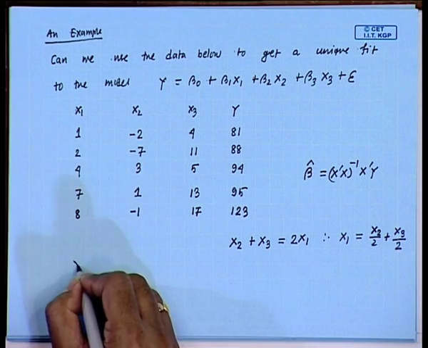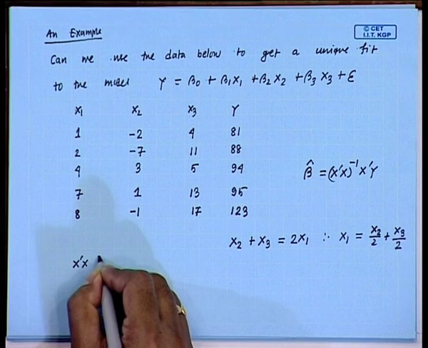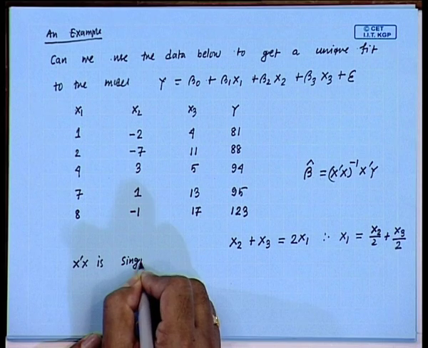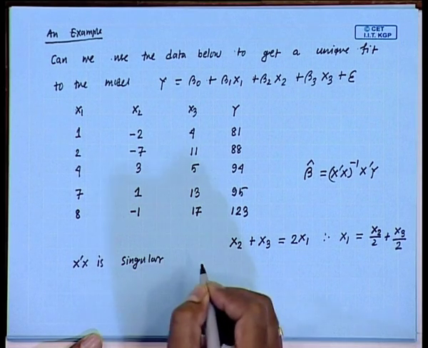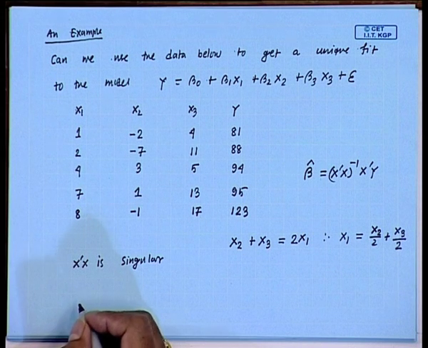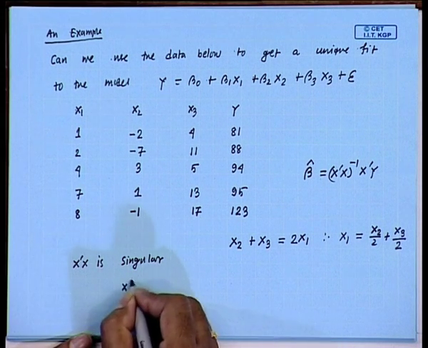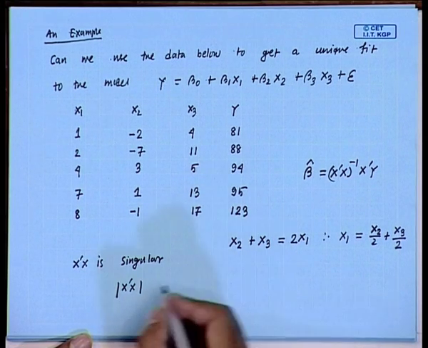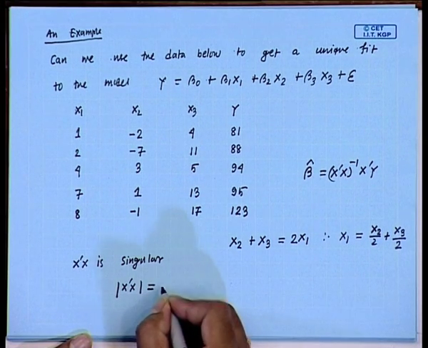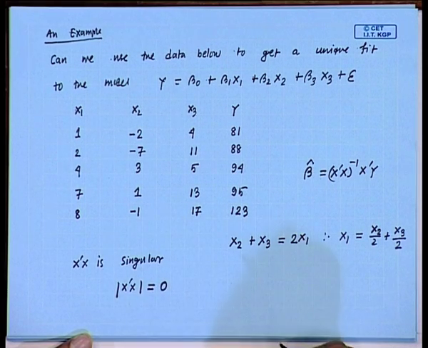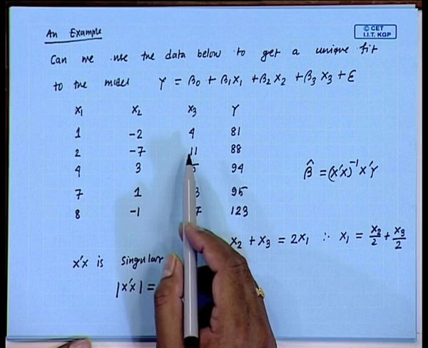So, that is why X prime X is singular. So, the determinant of X prime X here is exactly equal to 0. Okay.